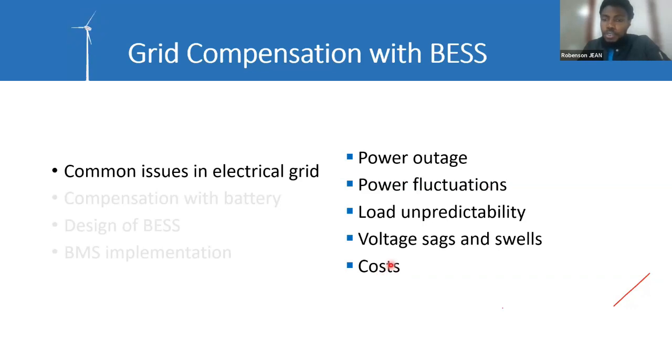And the cost, we have just seen that we can store energy when we are in an off-peak period, and we know that in an off-peak period, the energy cost is lower.